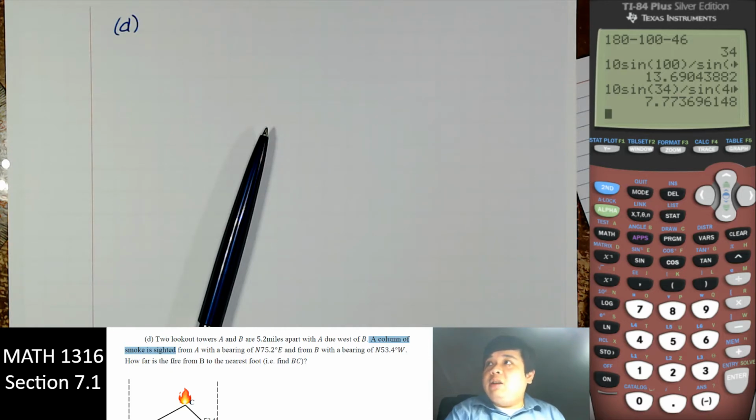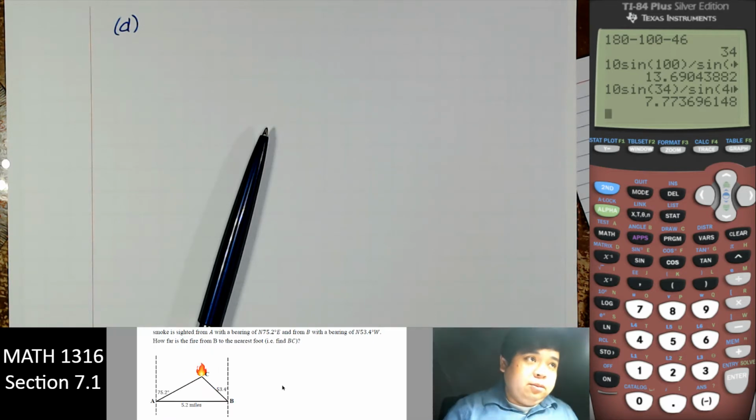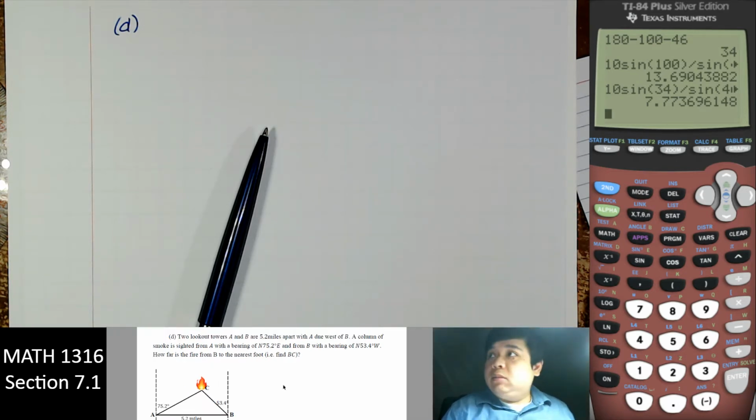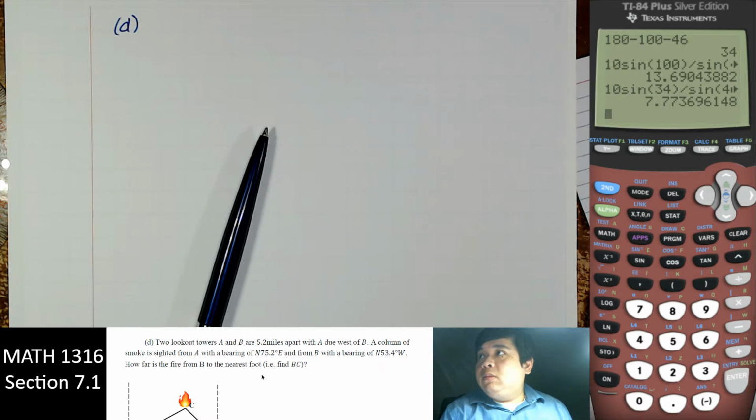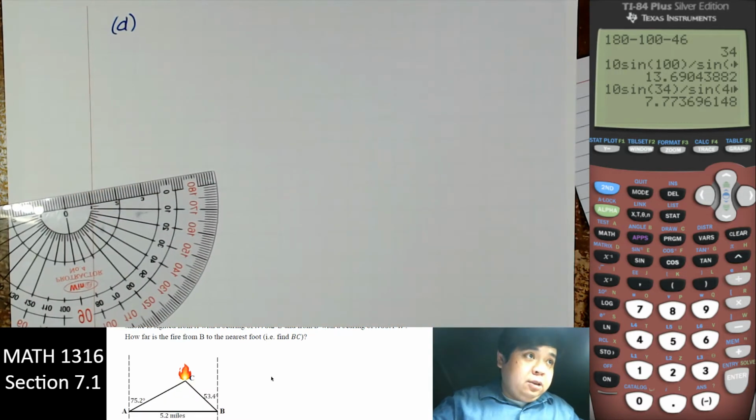How far is the fire from B to the nearest foot?